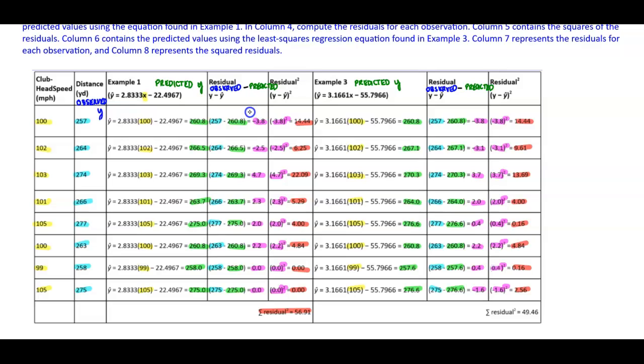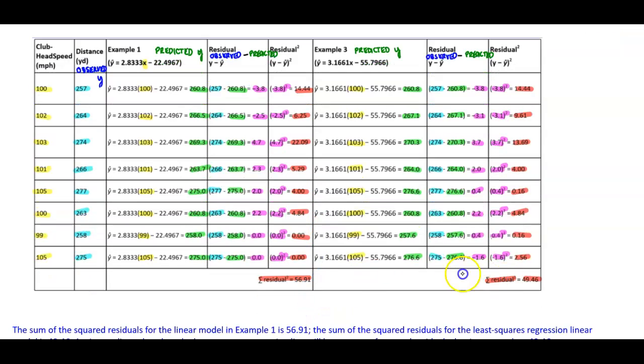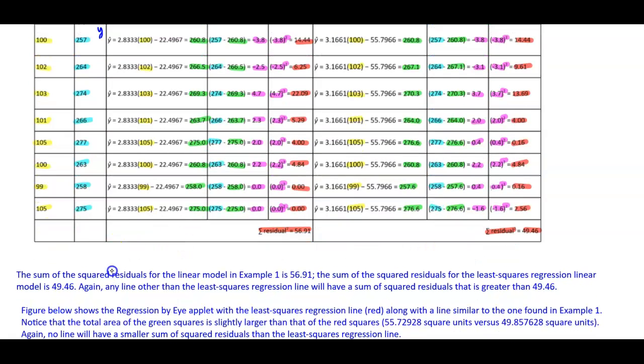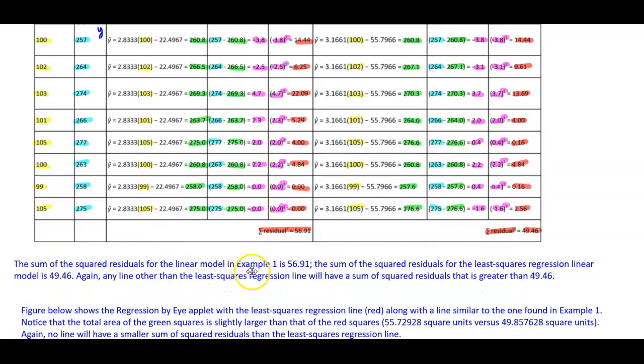So now when we total up this last column, we're going to get the sum of the residuals squared to be 49.46. So we're going to compare the sum of the residuals with example 1 equation and example 3 equation. So the sum of the squared residuals for the linear model in example 1 over here is 56.91.